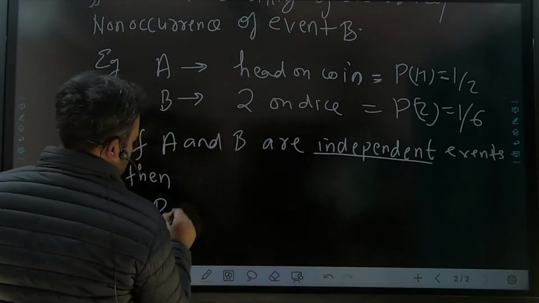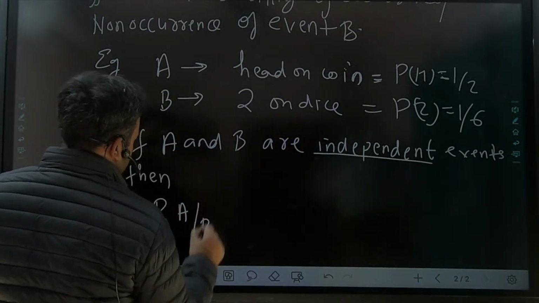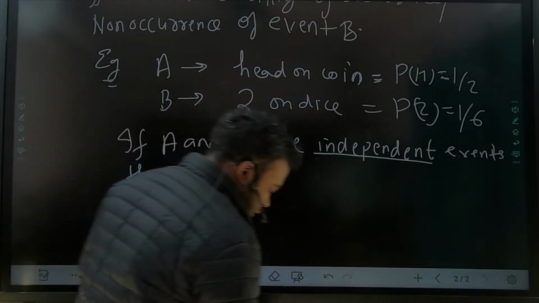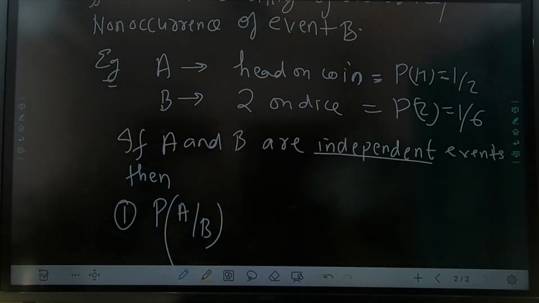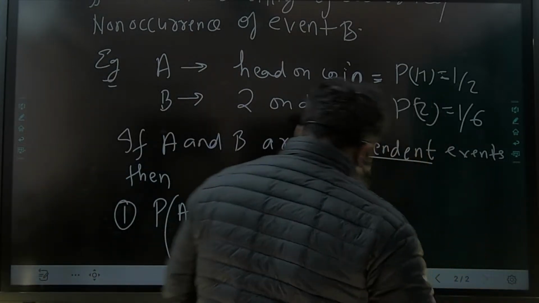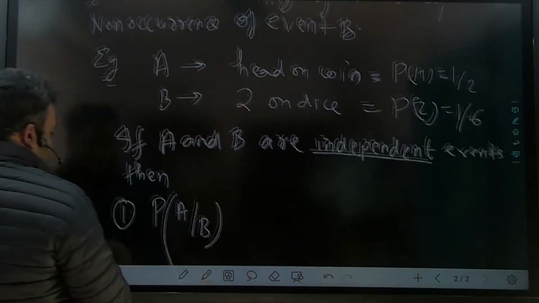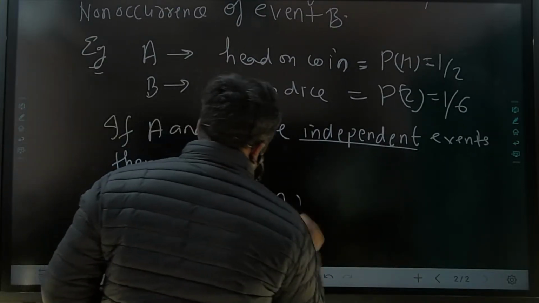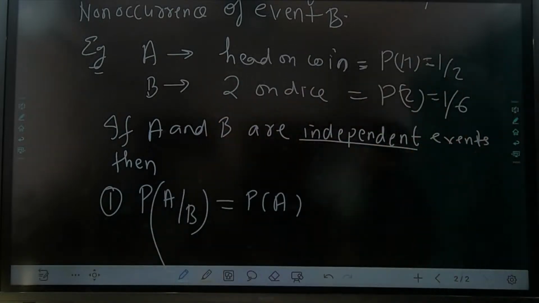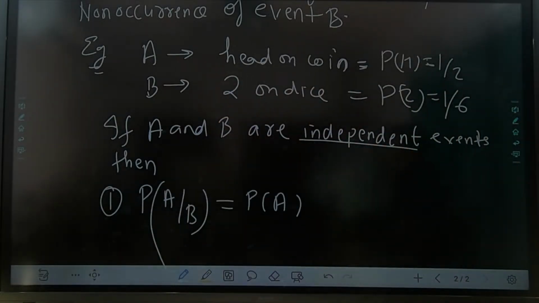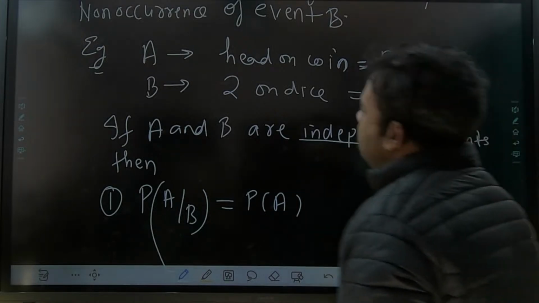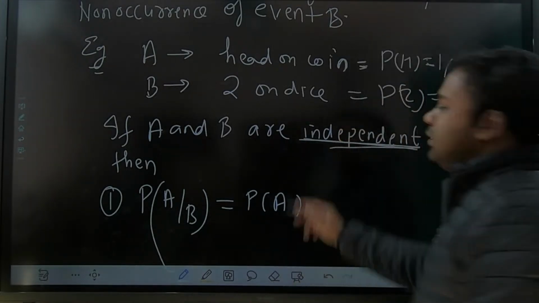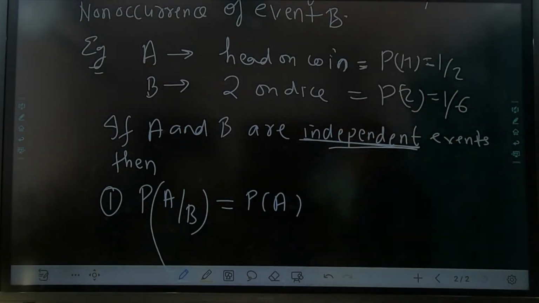So the probability of A when B has happened: whether B happens or not, the probability of A will not be affected. It will be the probability of A only. That's what we were saying. The probability of event A when B has occurred is equal to the probability of A only, because A and B are independent events. A and B are not dependent on each other.